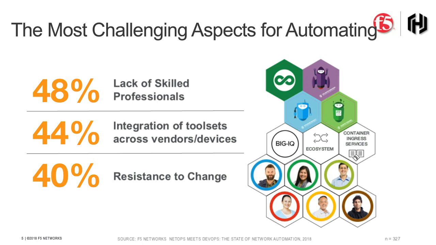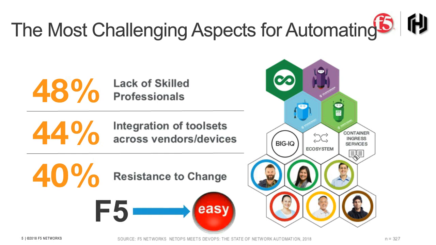And how do we dissolve some of the silos? That's what we are trying to do, making this easy for the industry. We are making use of the Super NetOps training program as well as the F5 Toolchain to make things easy for the enterprises.